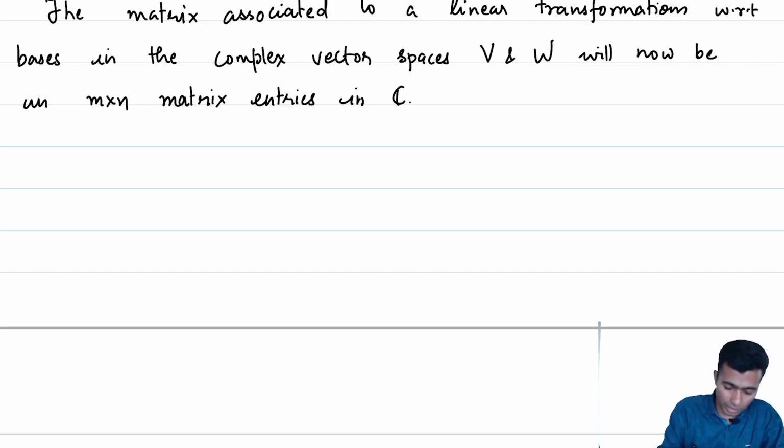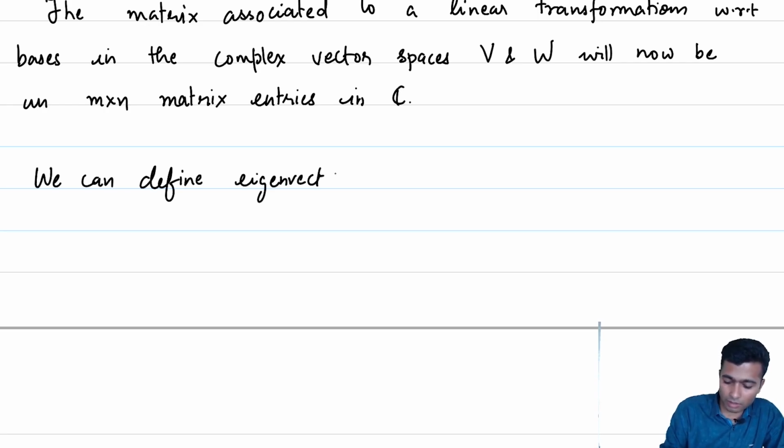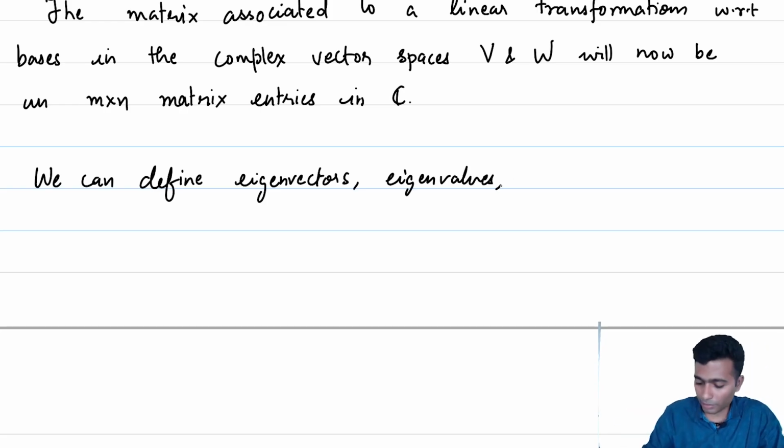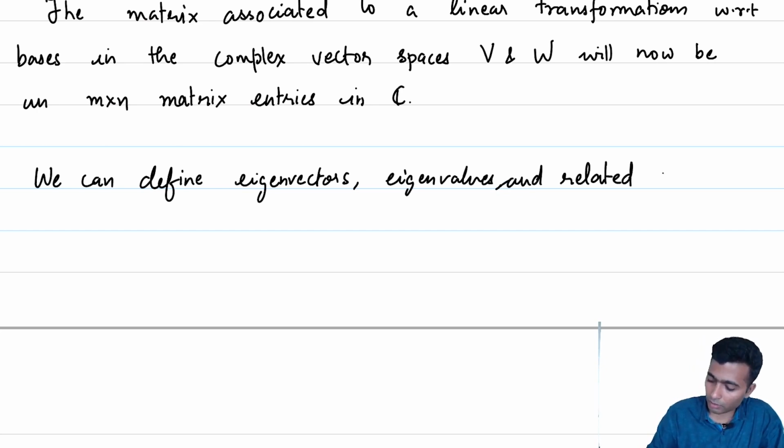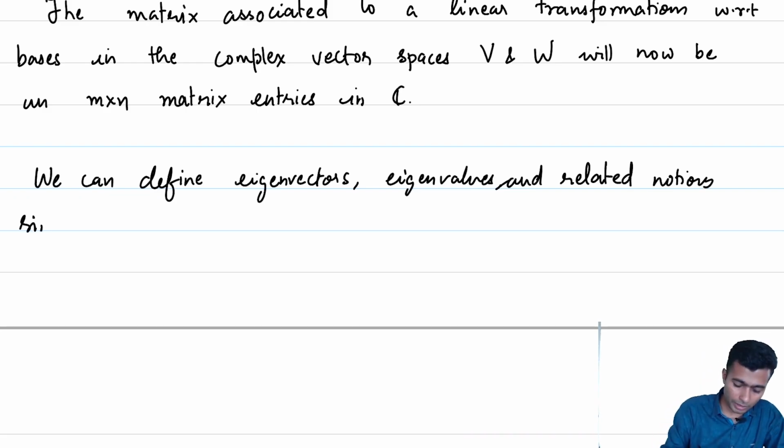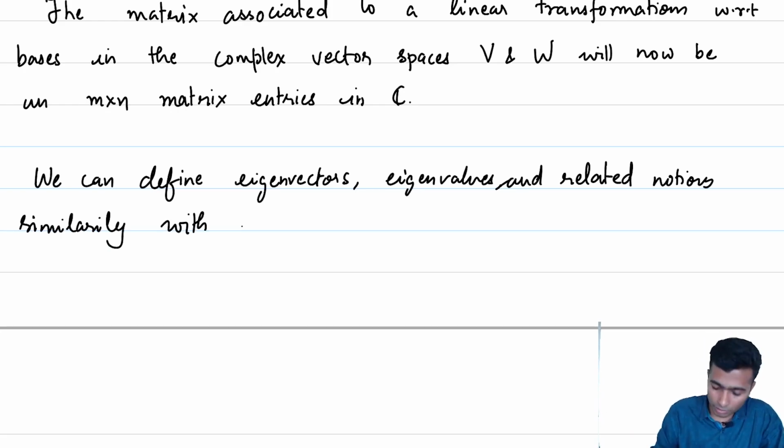We could also, as already noted, define eigenvectors, eigenvalues, eigenspaces, the characteristic polynomial, and all related notions analogously, with scalars being complex numbers.